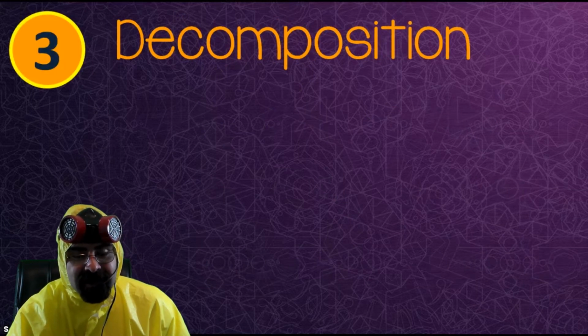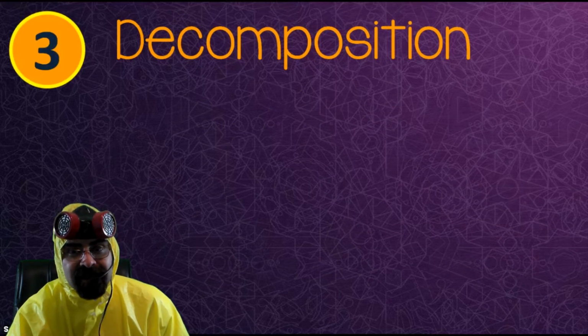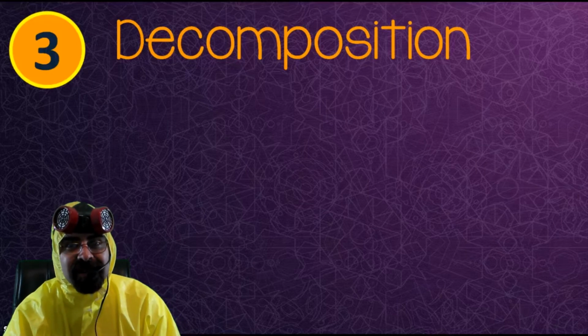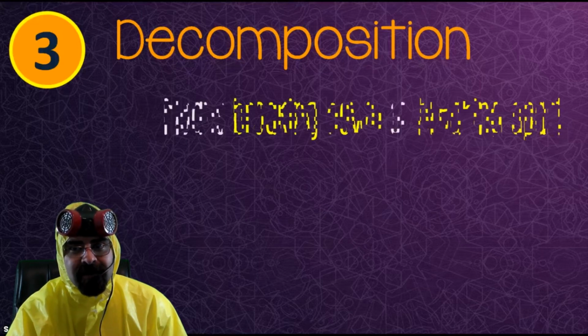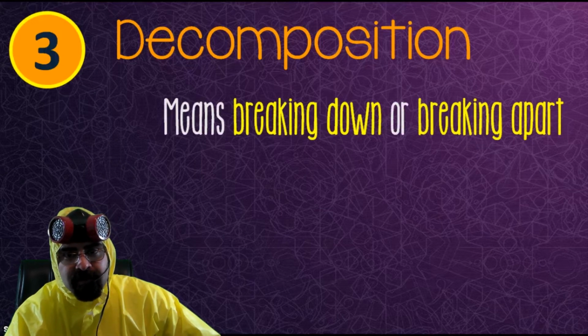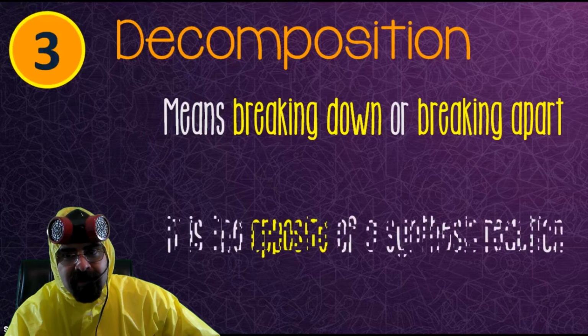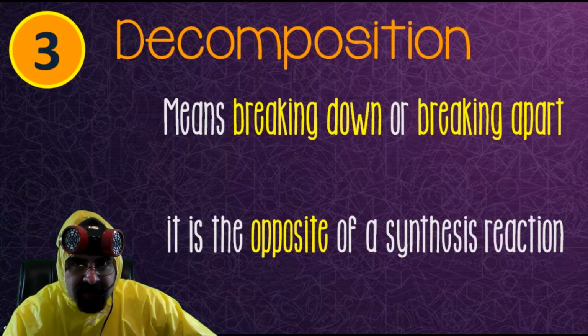Now the third reaction is called decomposition. And just like the term means, to decompose means to break down, like that body decomposing. Means breaking down or breaking apart. It is the opposite of a synthesis reaction.